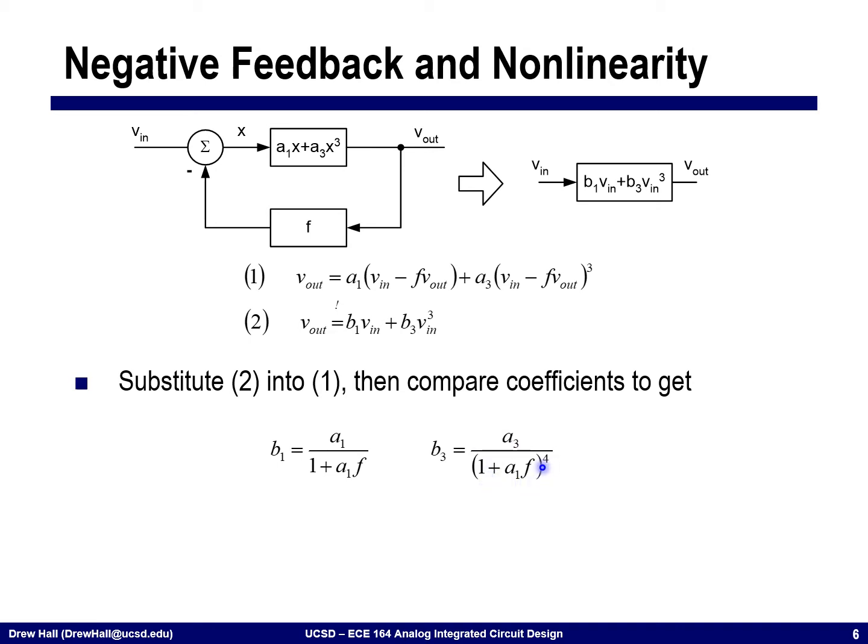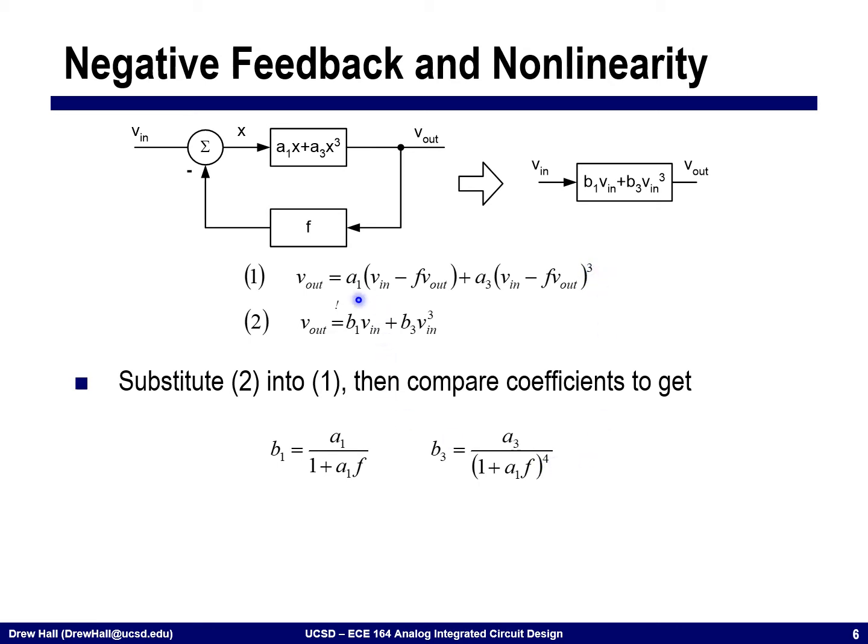Okay. And so what this is showing us is that if we do have this cubic nonlinearity, loop gain, in particular this 1 plus T term, is helping to suppress the nonlinearity of the forward path amplifier. And very importantly, it's doing so for the third order nonlinearity to the fourth power. It's always going to be the order of the nonlinearity plus 1.